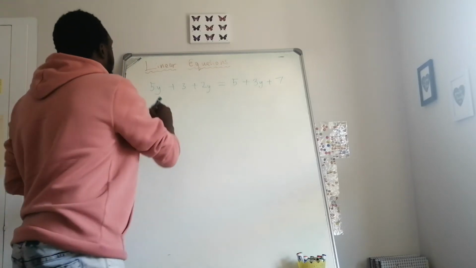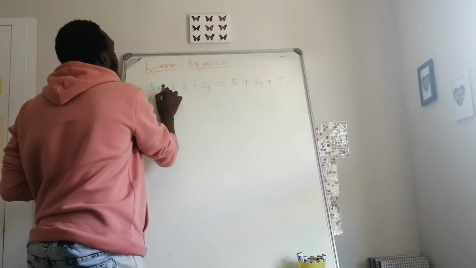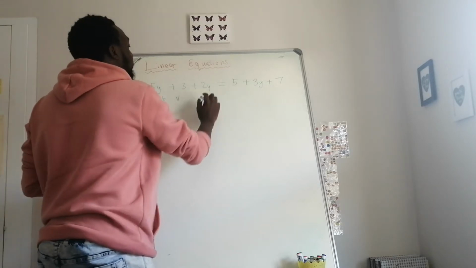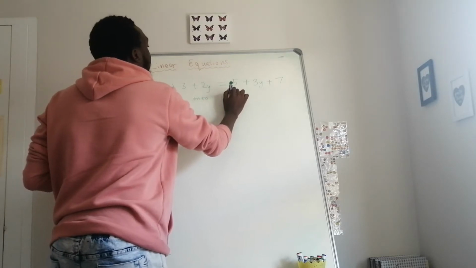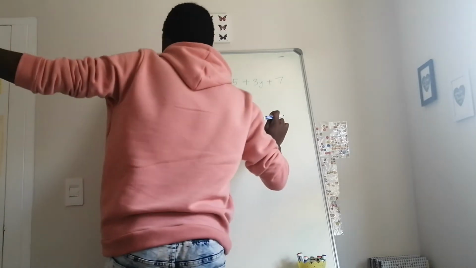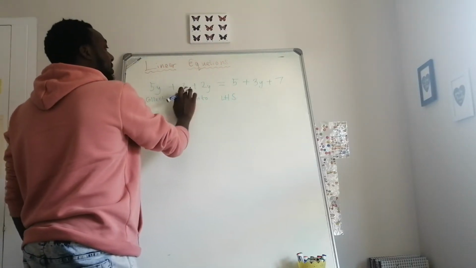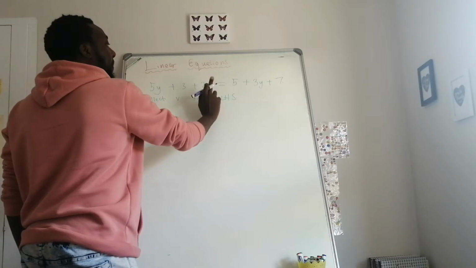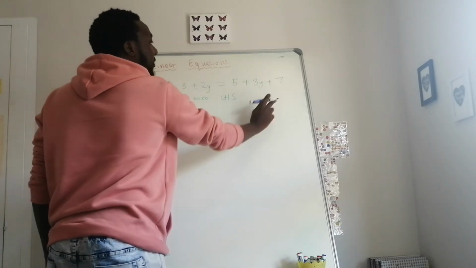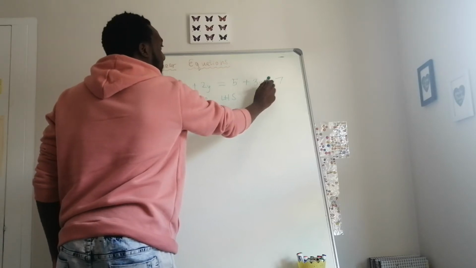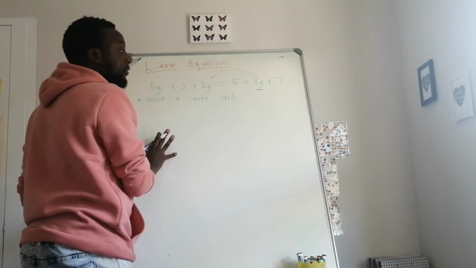So the first rule, as I said, you collect variables, I'll just write it as v, onto left hand side. Your left hand side is this side, guys. So I have a 5y there, a plus 3, a 2y, equal to 5 plus 3y plus 7. I want this 3y to jump the equal to sign and come this side, right?